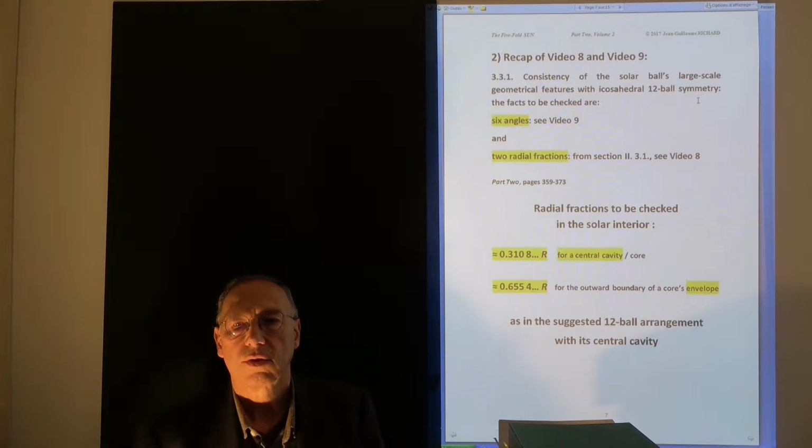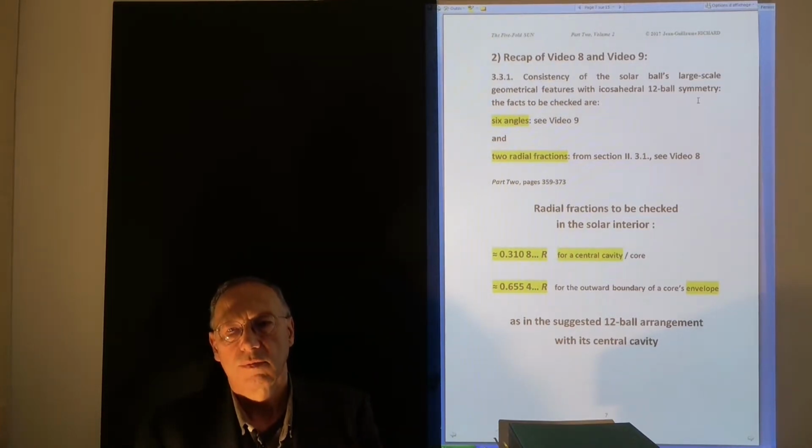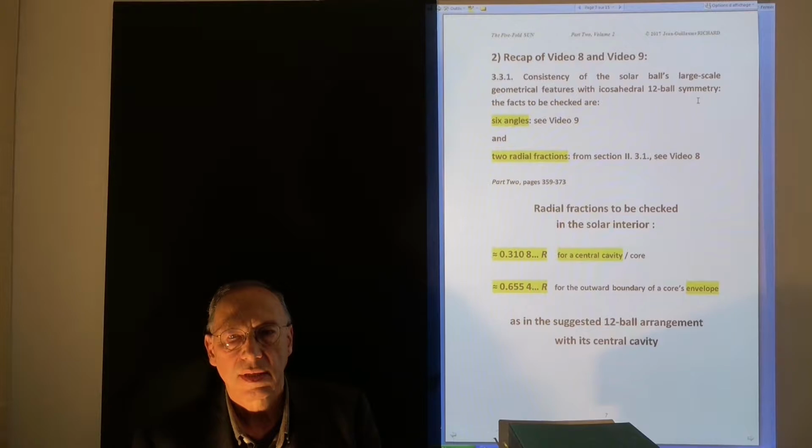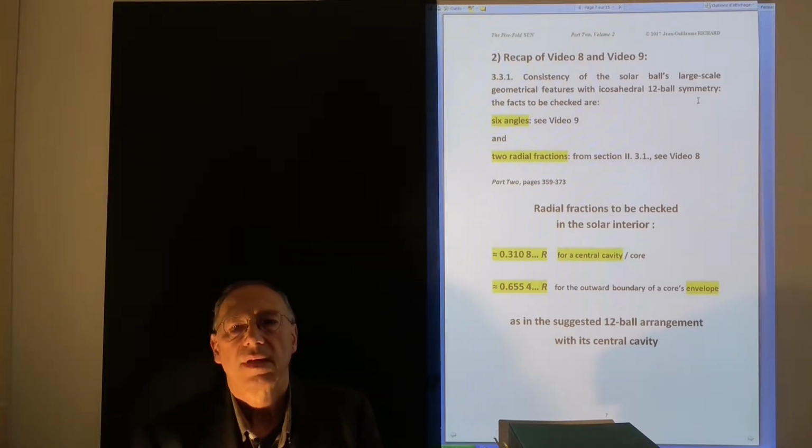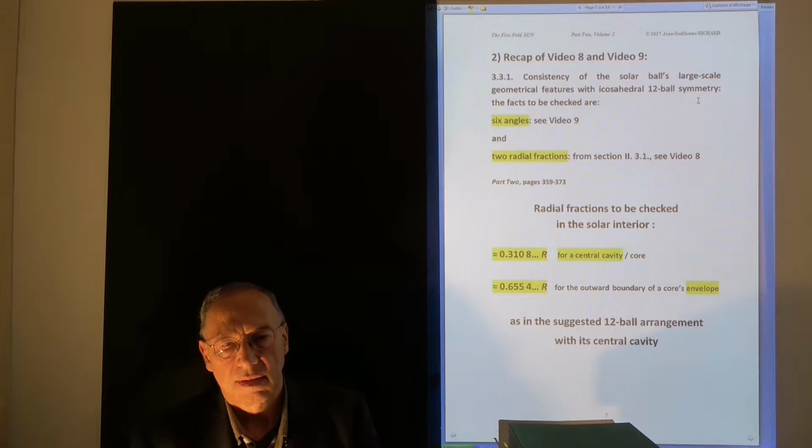We can now shortly recap what was said in video 8 and video 9. We defined a number of measurements to serve as criteria to be checked against the actual Sun. We found in video 9 that there are 6 remarkable angles in the regular icosahedron, which we will have to find or not find in the actual solar ball.